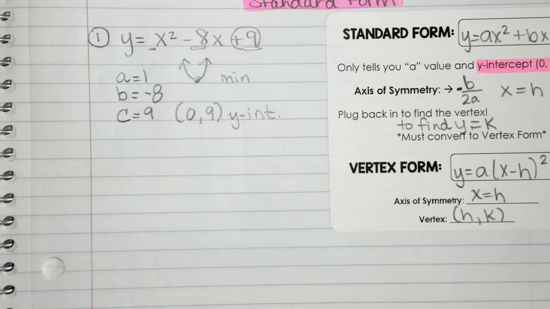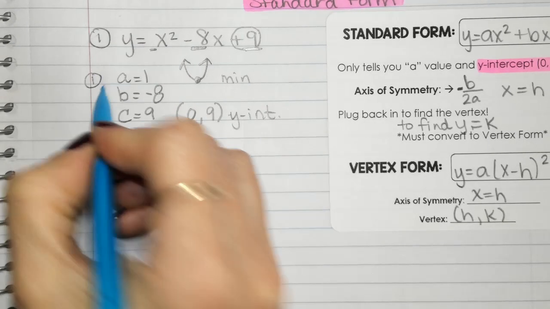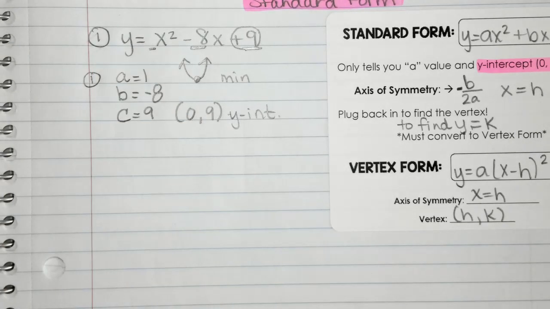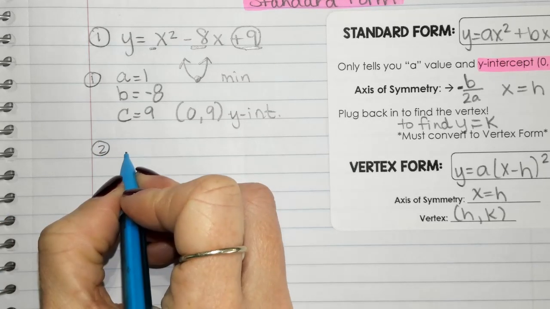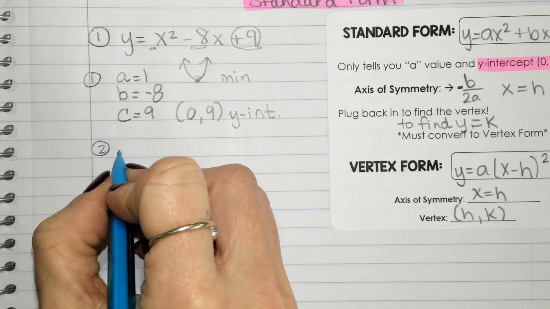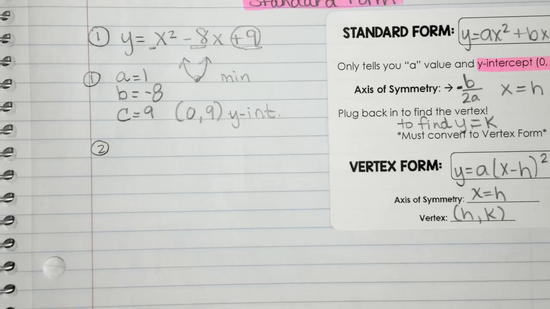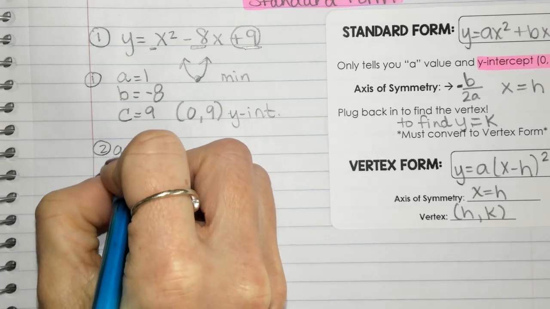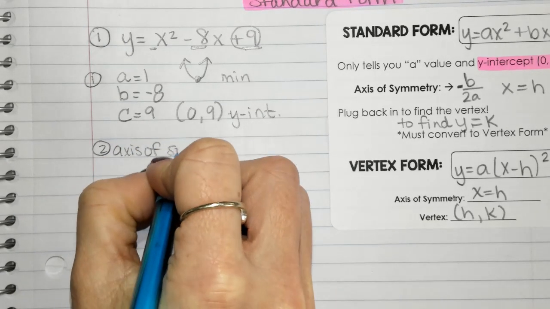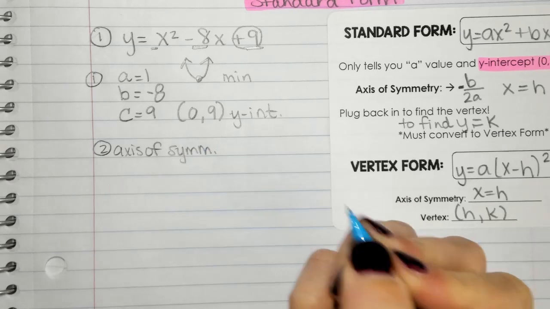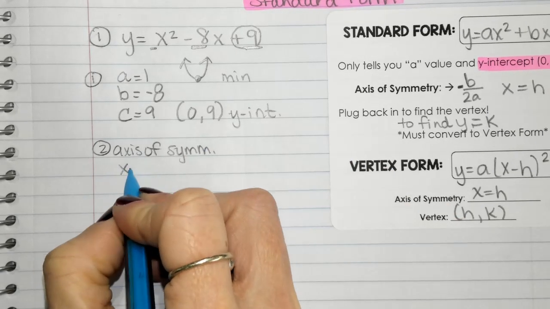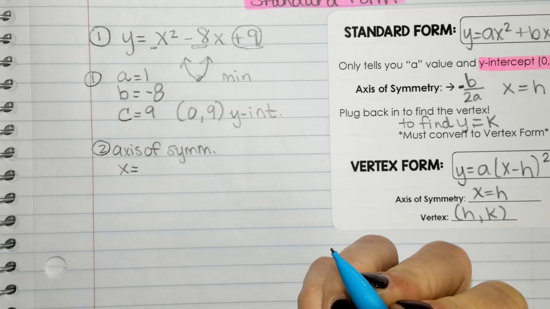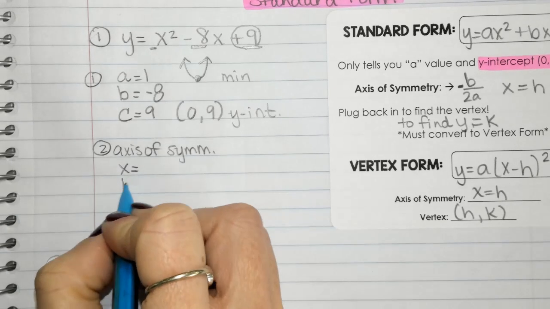All right, so here are our steps. Step 1, identify your A, B, and C. We already did step 1. Step 2, I'm going to write 3 things here. They're all the same: the axis of symmetry, and you guys know I abbreviate symmetry, also known as x equals, which is also our h.